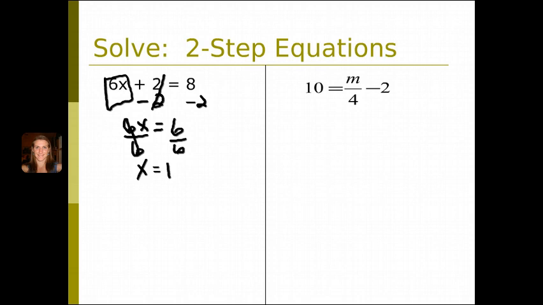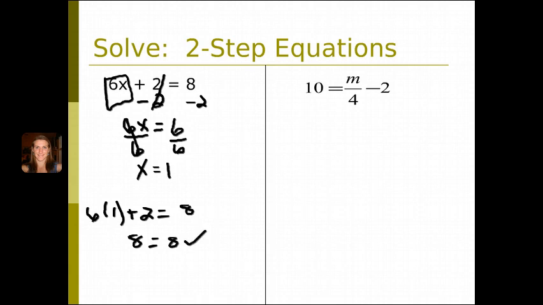So to test this, you would say 6 times 1 plus 2 equals 8. 6 times 1 is 6. 6 plus 2 is 8. 8 does equal 8. So our work is correct.